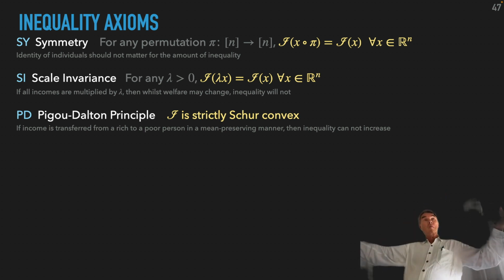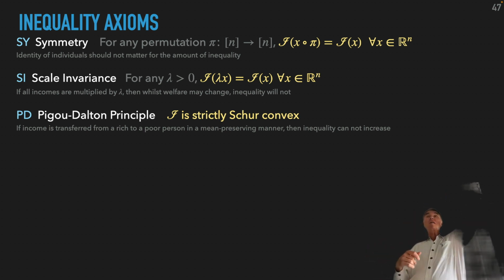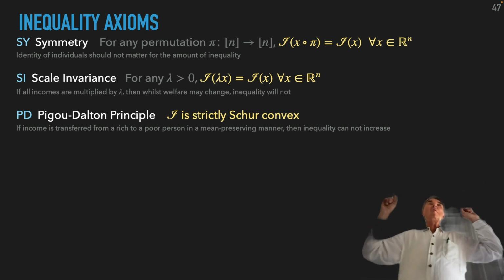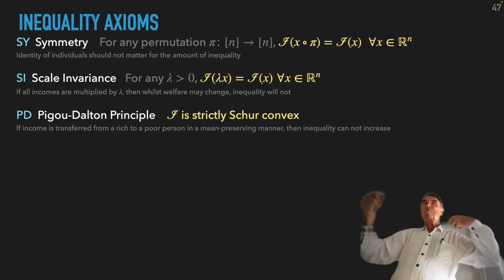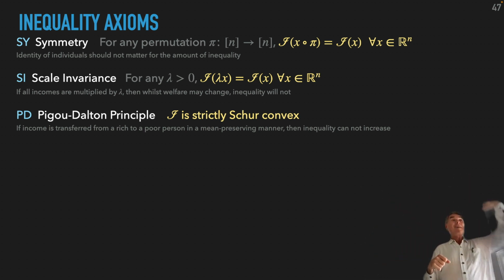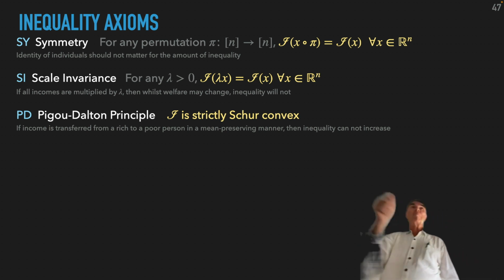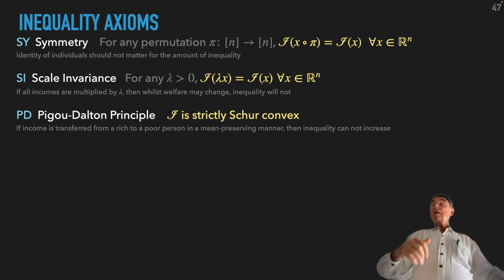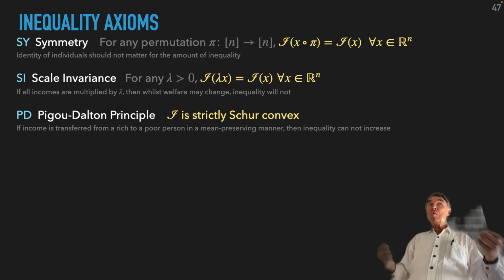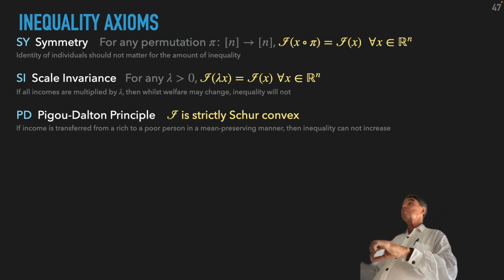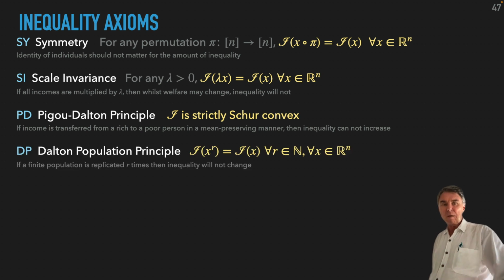We've measured the inequality. We now go and take $10 from the rich person and we give it to some poor people. Mean preserving means that the person doing the transfer doesn't pocket any, right? $10 from the rich person, I give $1 each to all of the poor people, right? Intuitively, we think that's good, and so we demand that our measure of inequality doesn't get worse. Right? That's what it says.